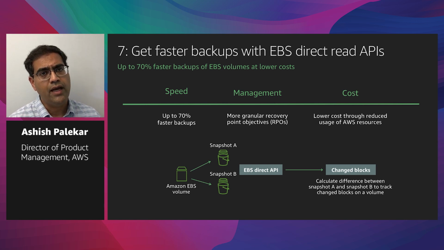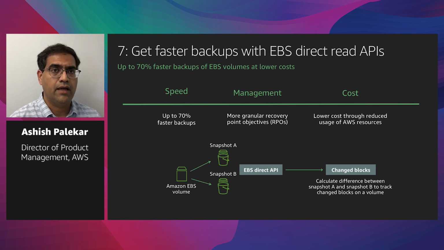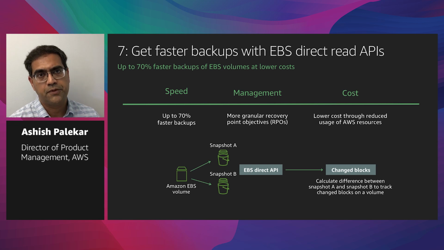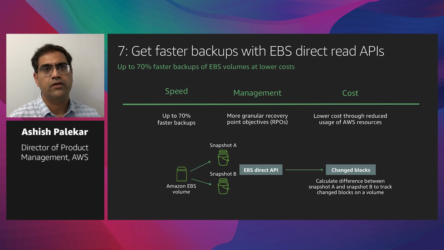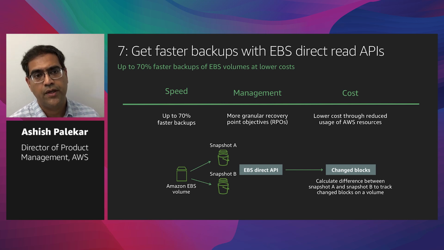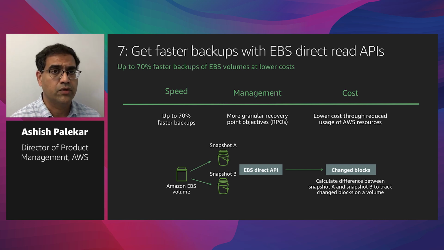And the only way you could create a snapshot is again from an EBS volume. In other words, snapshots served as sort of the backup data store. As we started to look at snapshots, one of the things that customers came to us and said is, why not allow us to access the data within a snapshot?